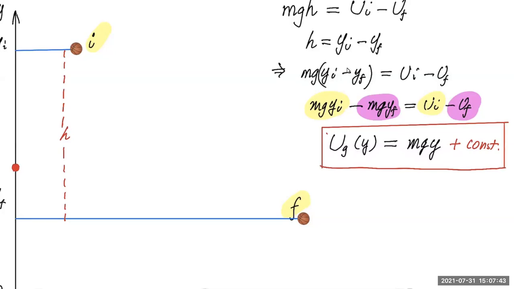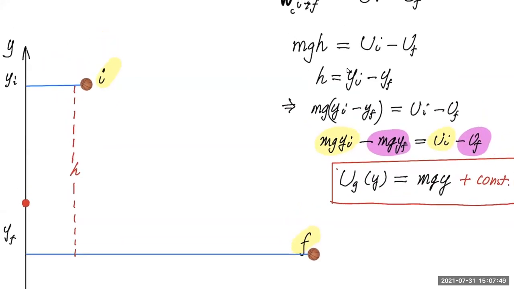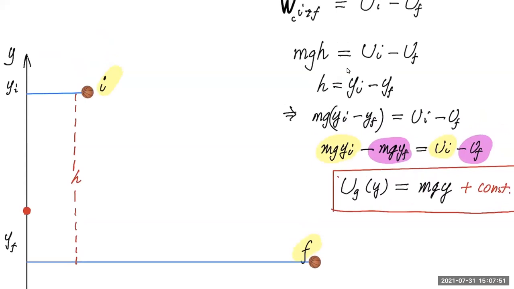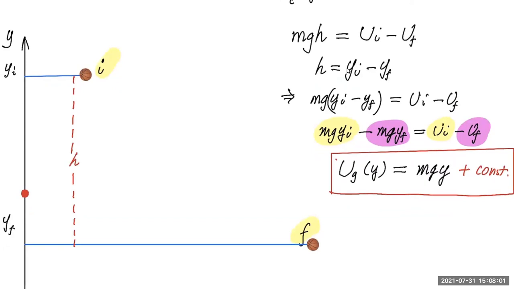Now I didn't calculate the integral of the work done by gravity. I already did that in a previous chapter. So we just accept it as mgh, and it doesn't matter how it gets there. You can take any path you want to go from initial to final.